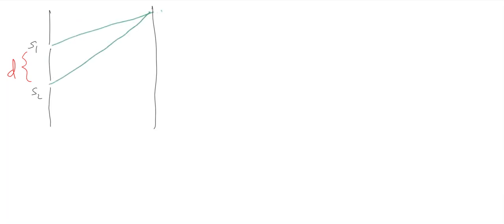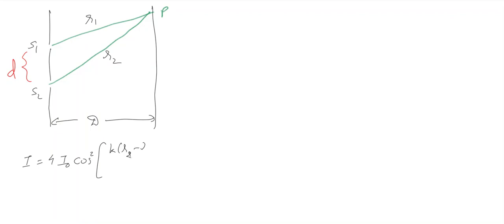If we have two sources, say S1 and S2, separated by distance d, and if you consider some point on the screen, say point P, the screen is at capital D distance, and let the paths be R1 and R2 from sources S1 and S2, then the intensity equation is given as I is equal to 4I0 cos square K (R1 minus R2) by 2.